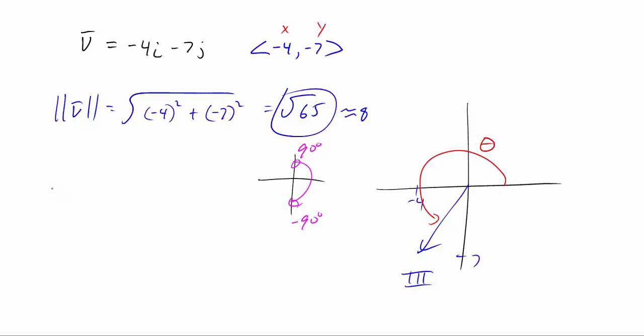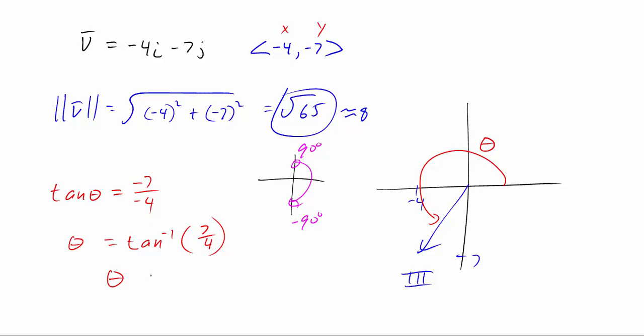So if we go to the formula, tangent theta is y over x, so that's negative 7 over negative 4, and the two negatives would really just make it positive. So therefore, theta is equal to the inverse tangent, and I'll go ahead and write this as a positive 7/4. The two negatives make it positive.